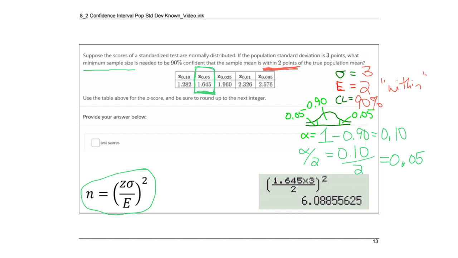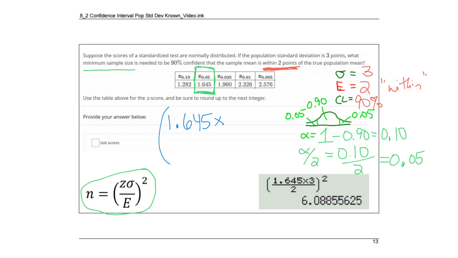And be careful, because there's a 0.05 and then there's a 0.005. So you've got 5 100ths, and then you have 5 1000ths. Okay, so now we're going to use our formula. We know from the table that we want 1.645 is our z-score.